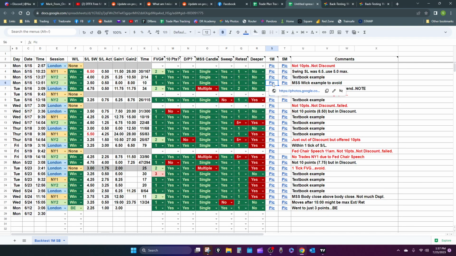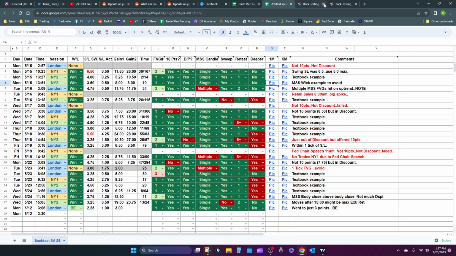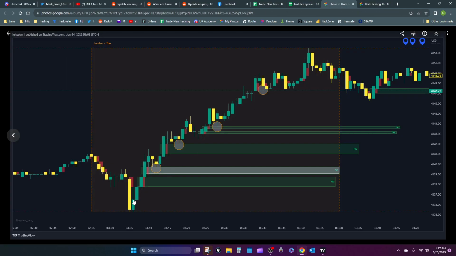Like I said, I can't stress the importance of finding something that just repeats and is simple, right? Same thing. Liquidity swept, big push, breaks market structure, displacement candle, fair value gap, enter, huge win. Having these pictures makes it easy to go back, it's good for refresher, builds your confidence.